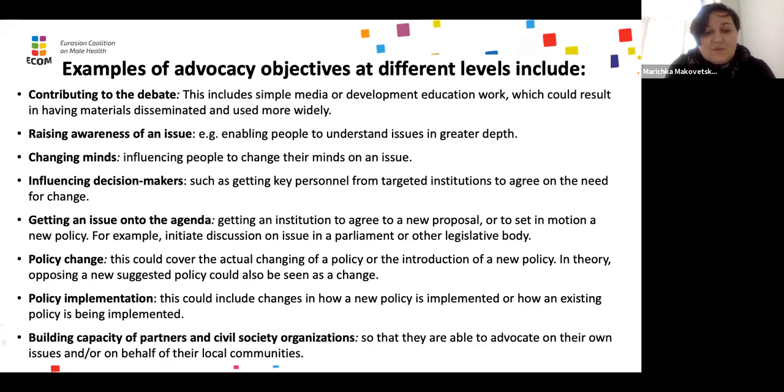Then building capacity of partners and civil society organizations. This also may be an objective of advocacy, and it's more connected to capacity building. So basically you educate and train small organizations and activists to be able to advocate on their own issues or on behalf of their community.